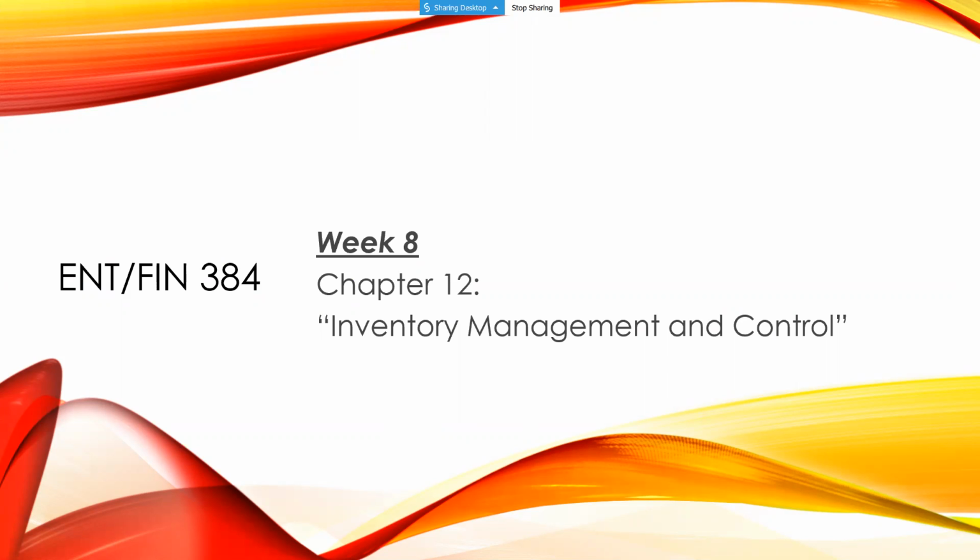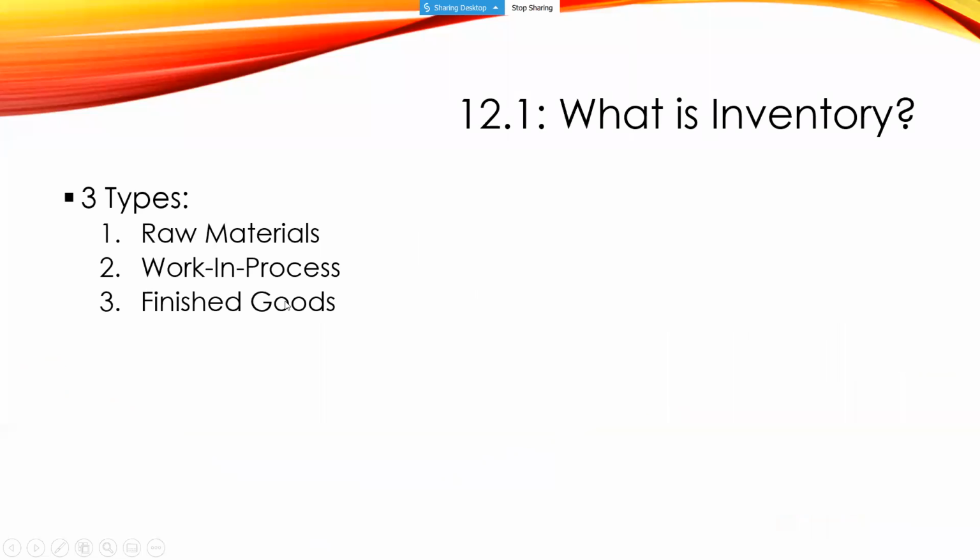That's also the basis of the project due next week. So we get into some basics right at the beginning of the chapter, mentioning what is inventory. It's items available for sale or with the intention of being available for sale.